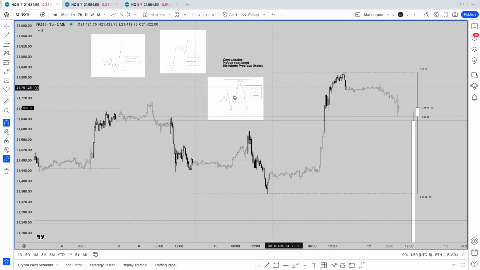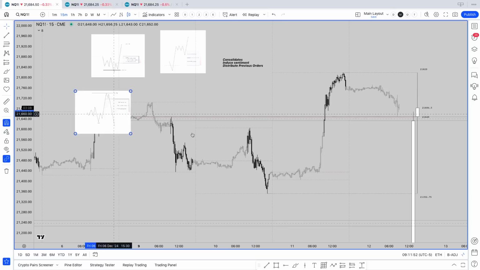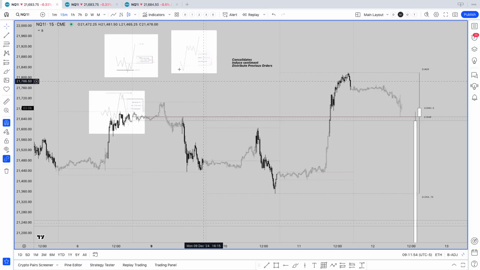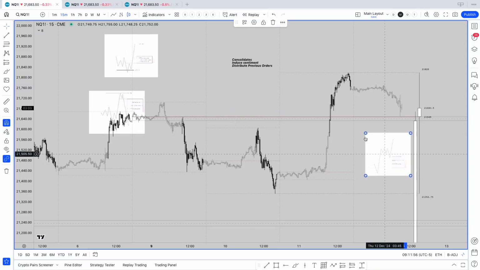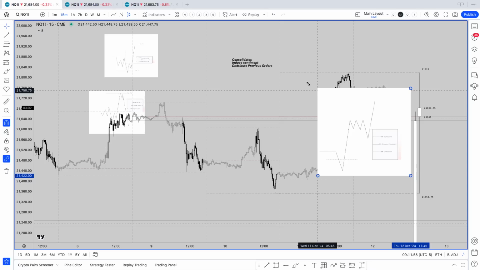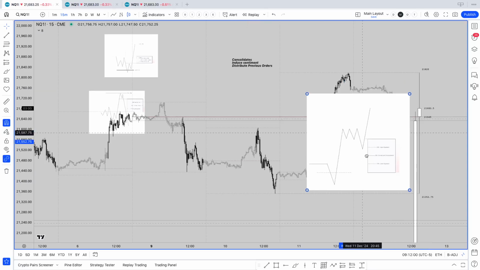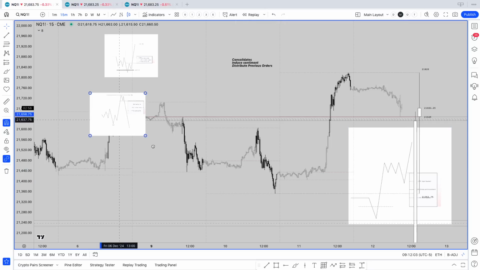Okay, so what I do is I identify specific elements of each profile.